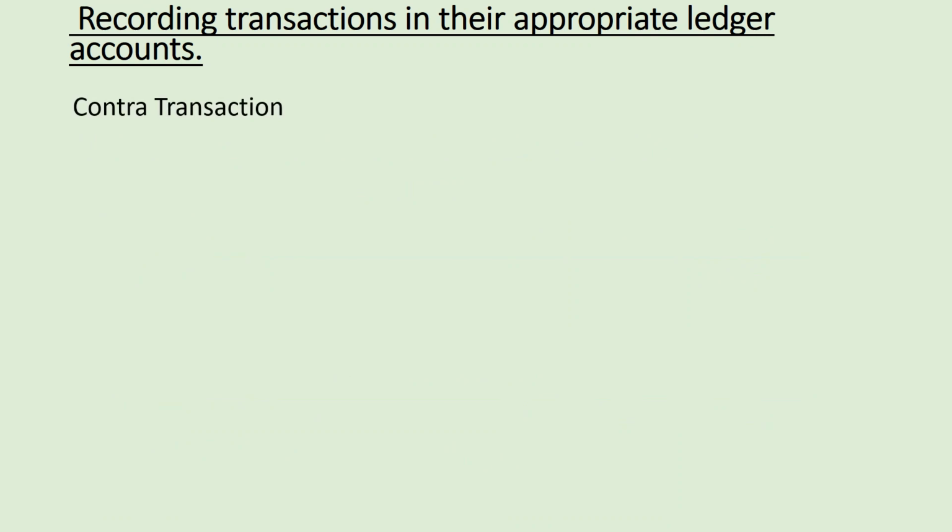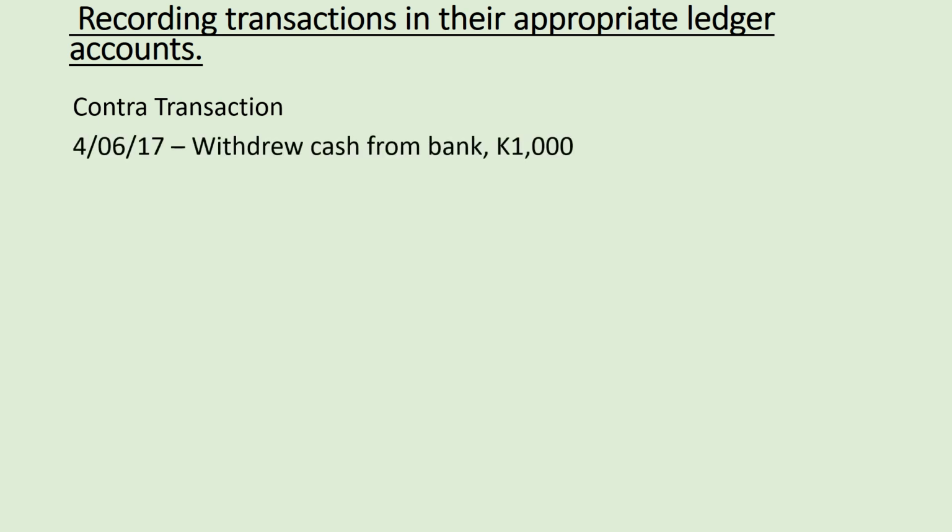Next, we go to a very interesting type of transaction called a contra transaction. A contra transaction basically involves goods or value moving within the business from one account to another. So on the 4th of June, withdrew cash from bank 1,000. Be careful. This withdrawal is the business withdrawing cash. Sometimes it can be the owner withdrawing cash.